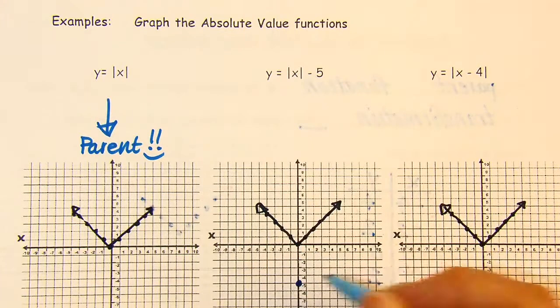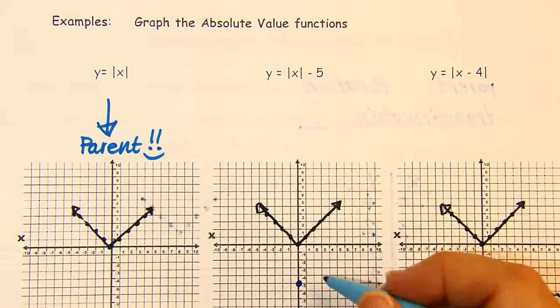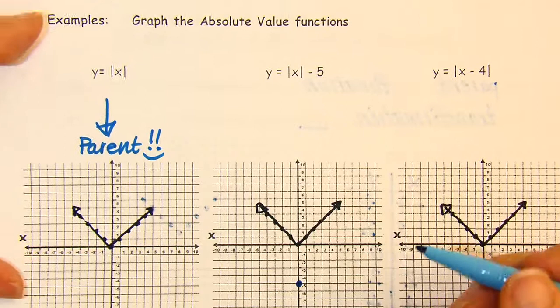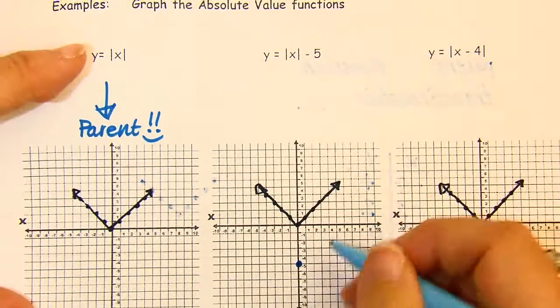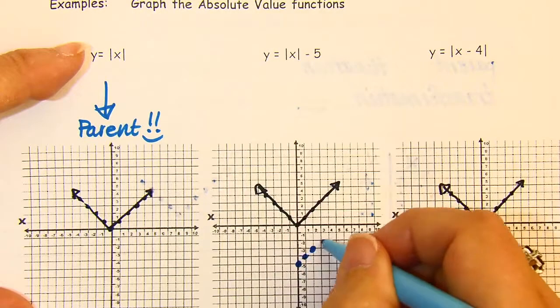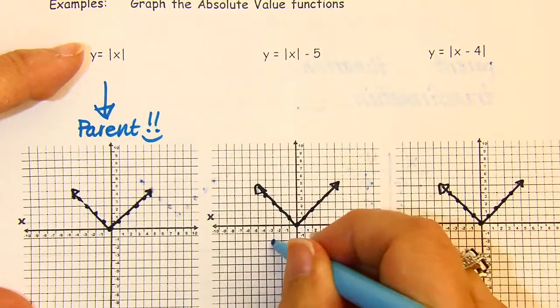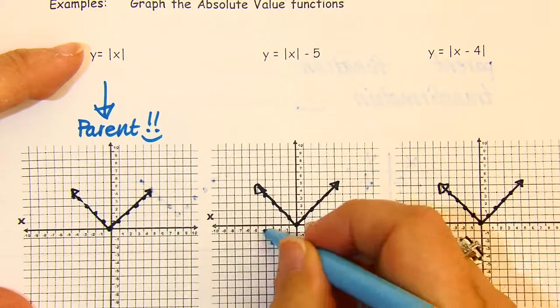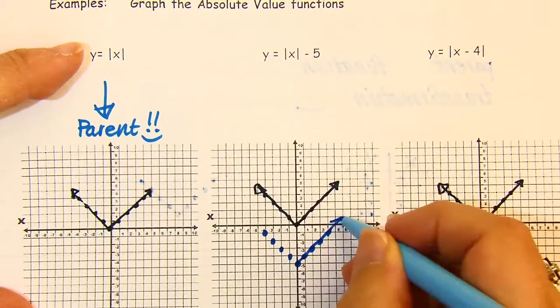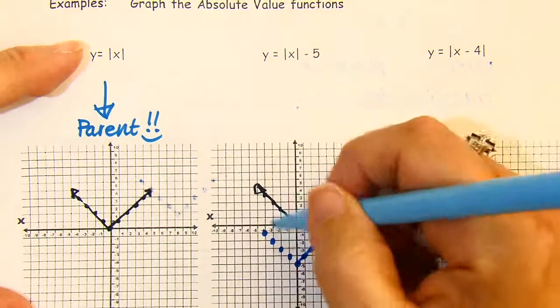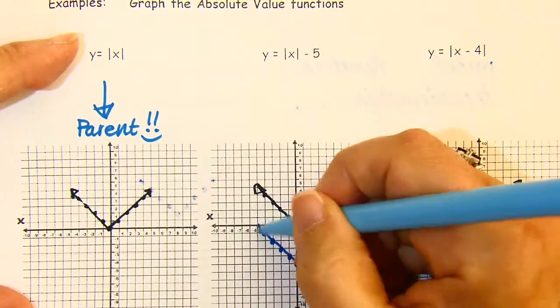Nothing else is going on. No left, right, no stretching or shrinking. Again, we didn't talk about that yet, but we will in a follow-up lesson. So everything else is just these points on the diagonal. So really, graphing the absolute value function and some transformations of that function, not too terribly difficult.